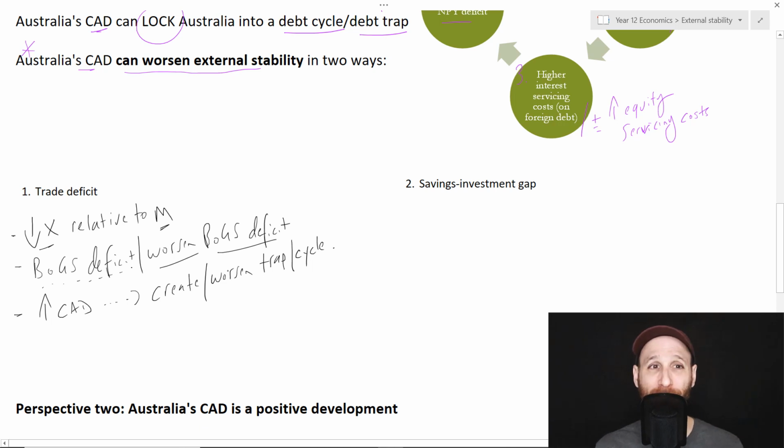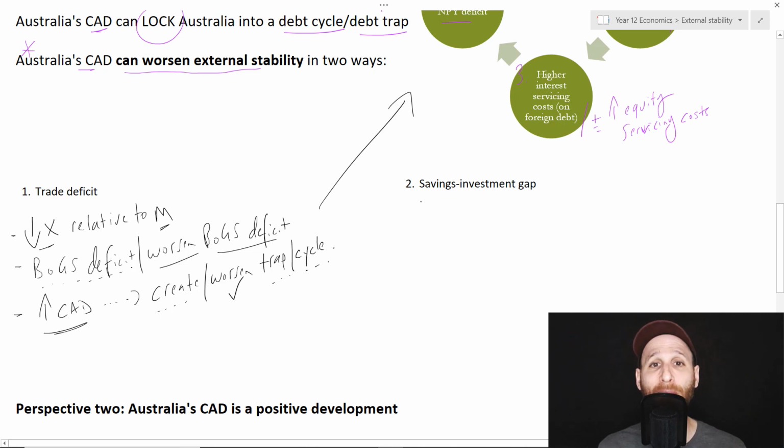Those situations could occur. If that happens, there will be an increase in the current account deficit, which might start, but actually for Australia would worsen the debt trap or debt cycle that we've witnessed before. So when BOGS worsens, the CAD worsens, need for more capital inflows, start that cycle again. So that's one way that a CAD can be created and then worsen external stability.